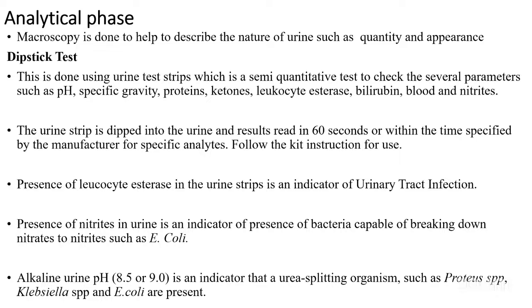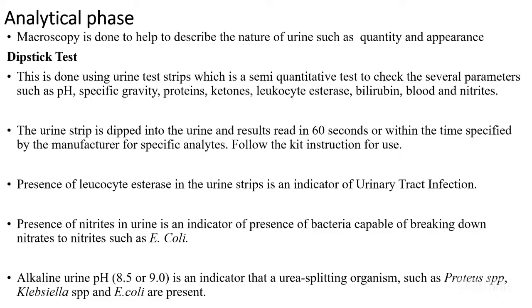Once you read your strip and you find that there is leukocyte esterase, you might start suspecting some urinary tract infection. If you have nitrates in the urine, you might start suspecting there's a nitrate-reducing organism in the urine, such as E. coli.